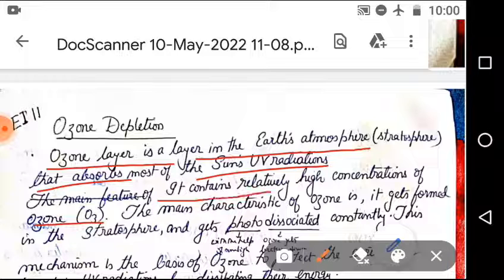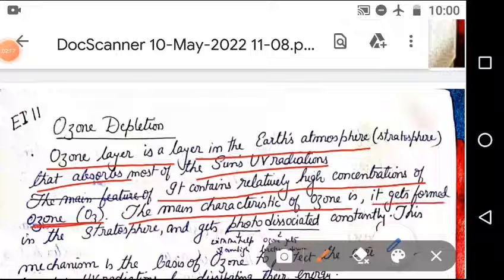The ozone layer contains a relatively high concentration of ozone, and the main characteristic of ozone is that it gets formed in the stratosphere, and it also gets disrupted by the action of photons, by the action of light. So that's why it is saying that it gets photo dissociated constantly.